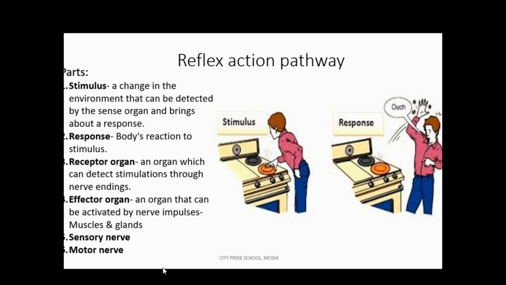Hence, the salivary glands act as the effector organs here. So the receptor organ and the effector organ can change according to the stimulus as well as the response.